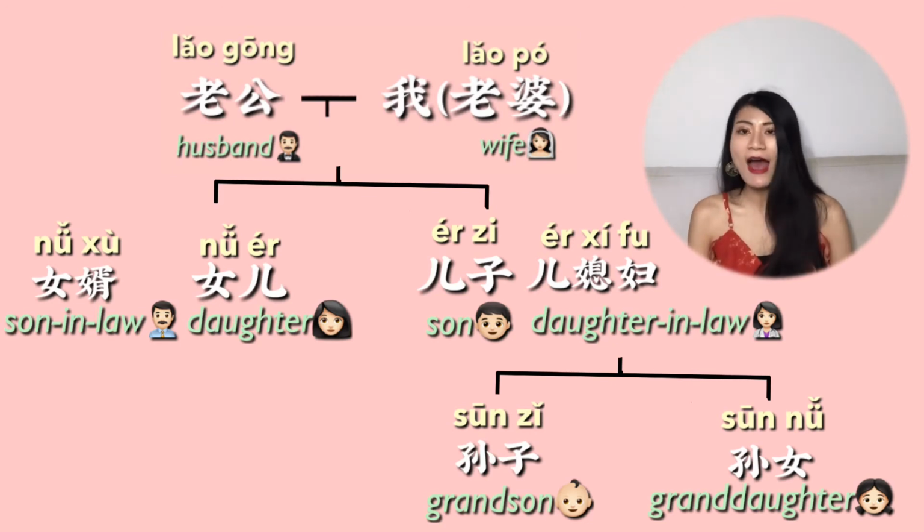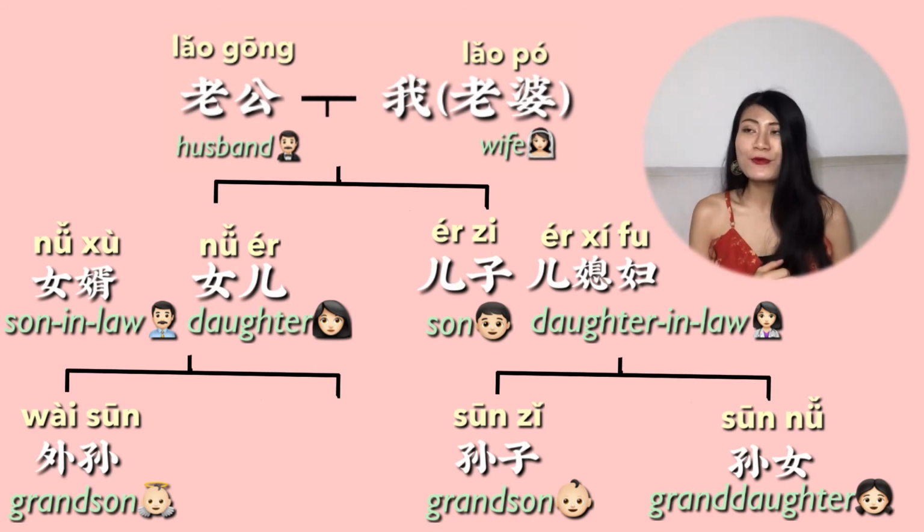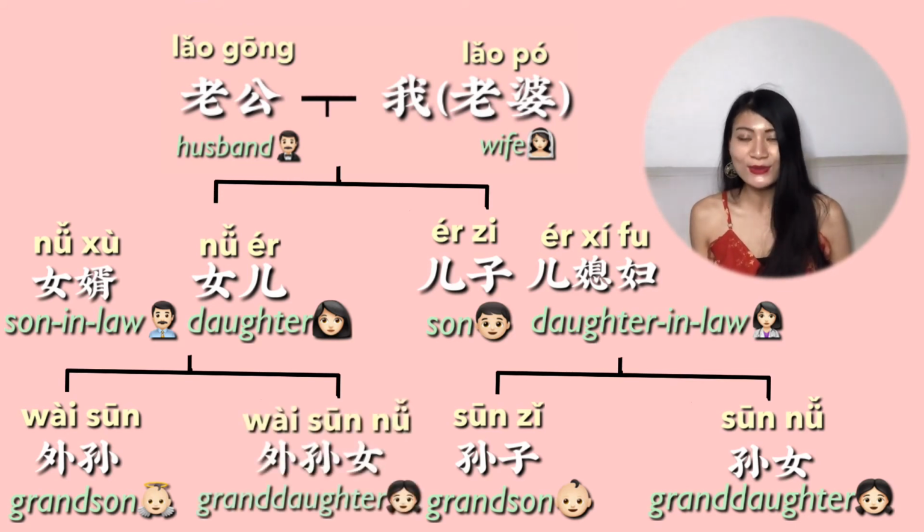If my daughter has a child, for her son I will call him 外孙, and for her daughter, 外孙女, granddaughter.